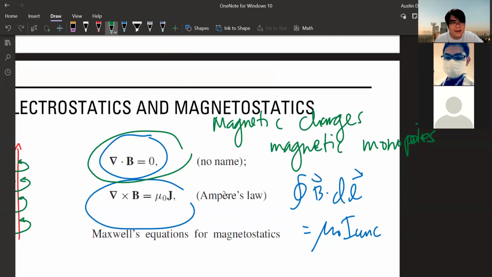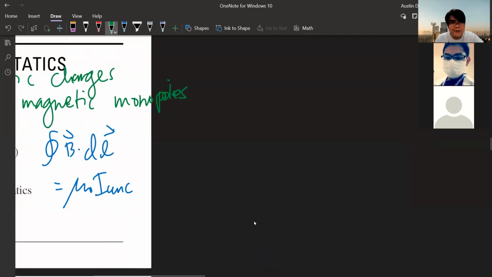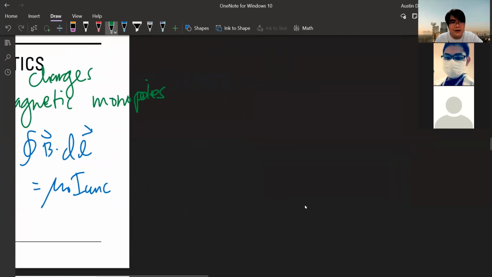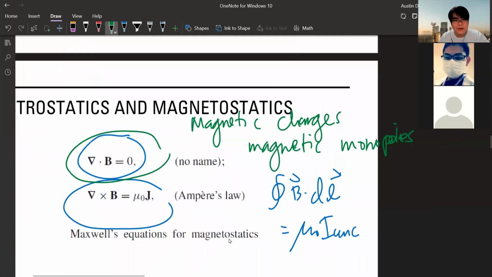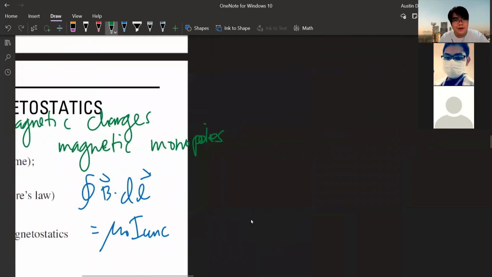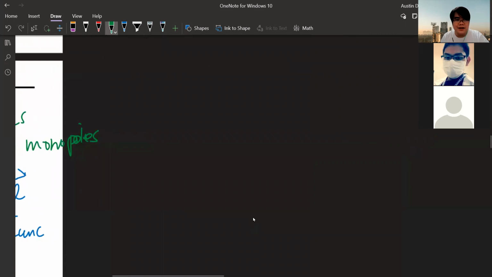So what does this entail? Pag yung divergence mo kasi 0, ibig sabihin all the field lines that are coming in are also coming out. Parang baliktad na. All the field lines that are going out also come in.